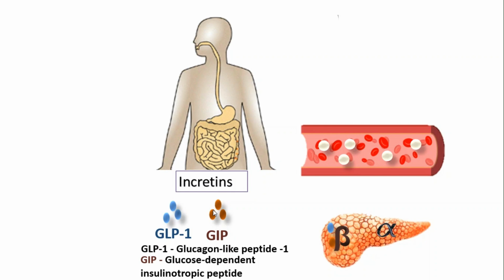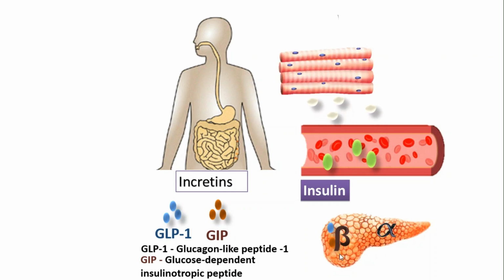Once they reach the beta cells, they ask the pancreatic beta cells to increase the amount of insulin secretion. That means both incretins help beta cells to produce more insulin. Now, as you are aware, what is the impact of insulin on the glucose? This insulin reduces the blood glucose levels.